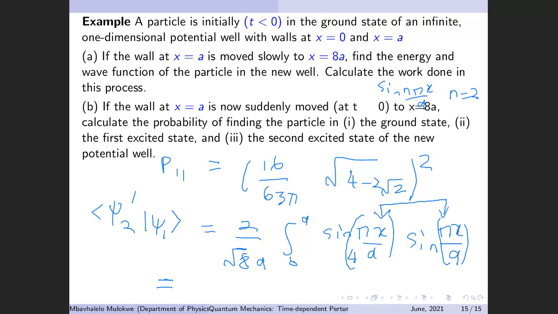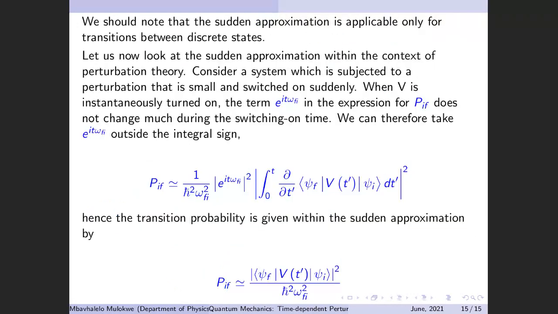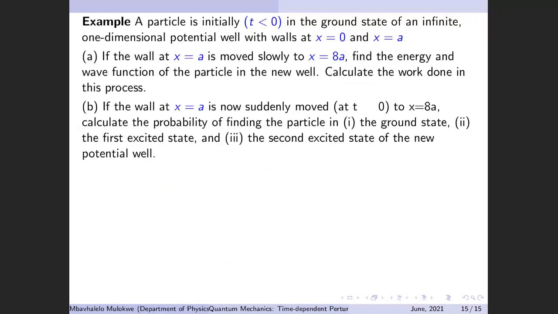People should be able to do these types of integrals, so you get something like 8 over 15 pi. So the probability that it transitions to the first excited state, P21, will just be 8 over 15 pi squared, which would be 17%.